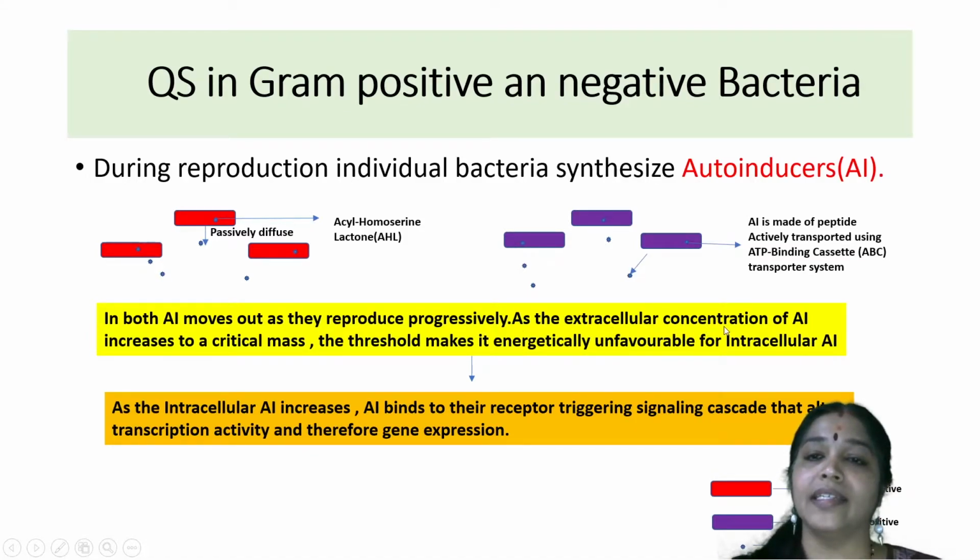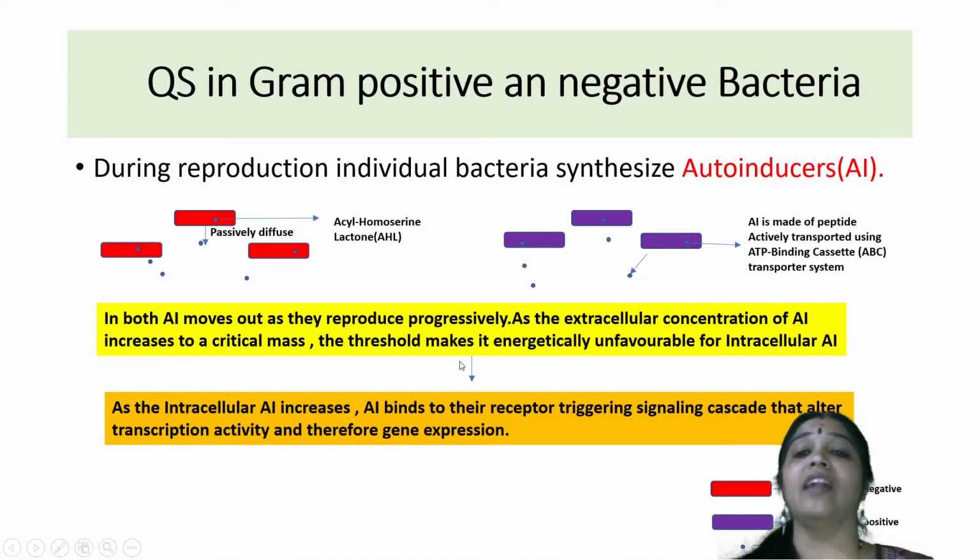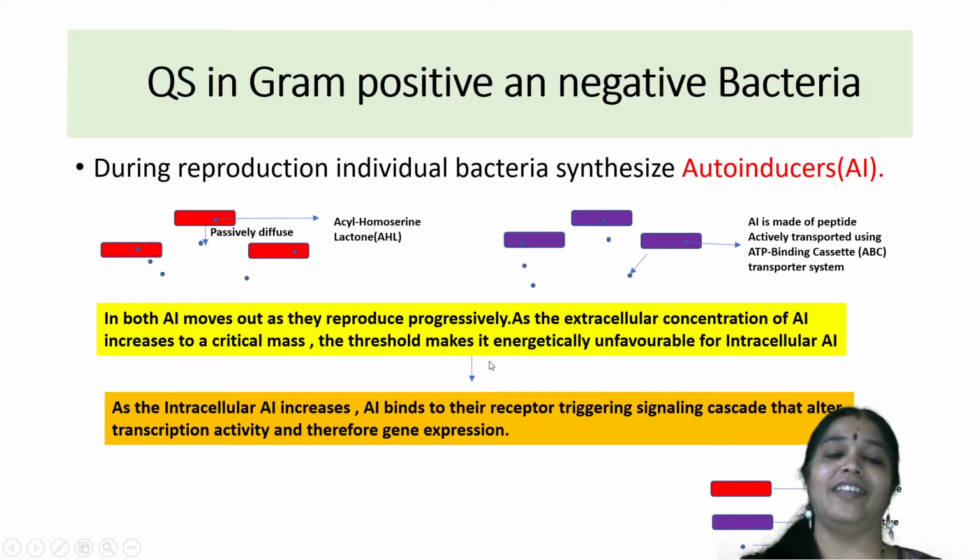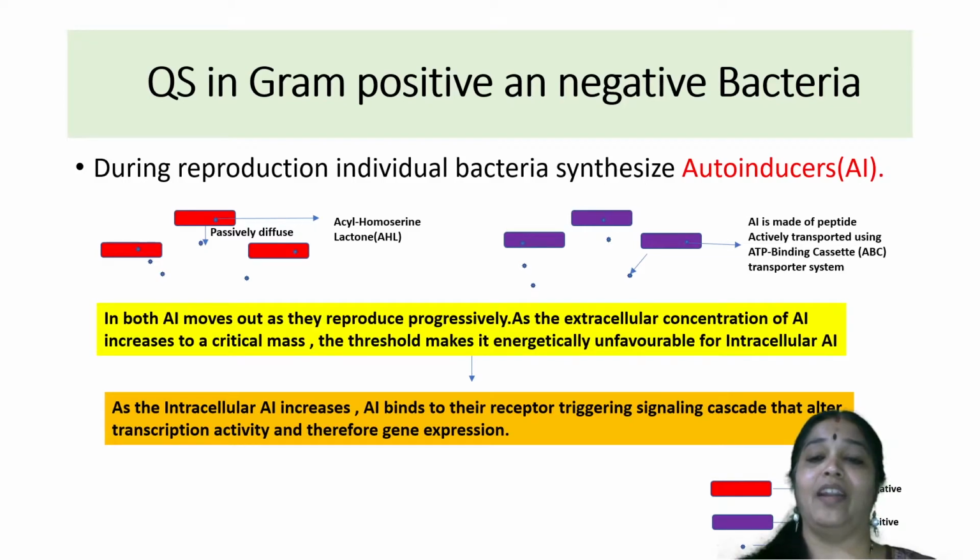Now, as the extracellular concentration of AI increases to a critical mass, the threshold makes it energetically unfavorable for the intracellular AI. Now, as the intracellular AI increases, this autoinducer binds to the receptor, triggering a signaling cascade that alters the transcription activity and therefore gene expression.